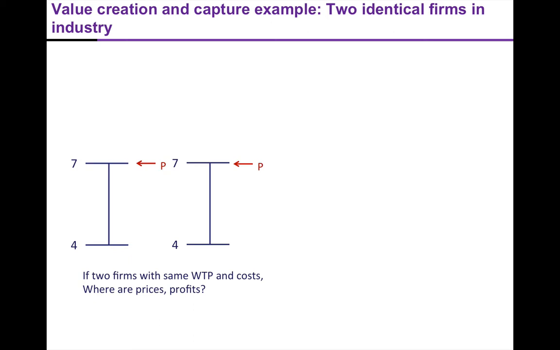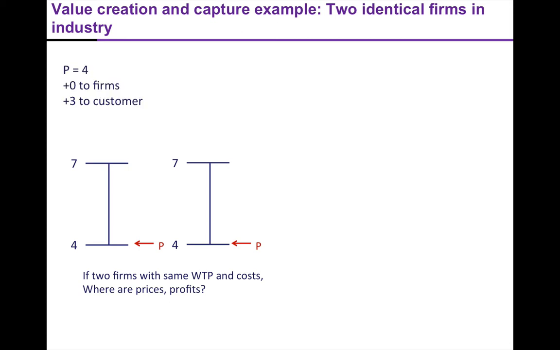Okay, well, let's imagine they first start out at 7, but both of these firms are saying, well, if I undercut the other one by just a little bit, then I can grab the market. And then the other firm says, well, I'm going to undercut that firm by a little bit and grab the market. And they compete and compete and compete all the way down until prices hit 4, because neither firm is offering anything additional to the consumers.